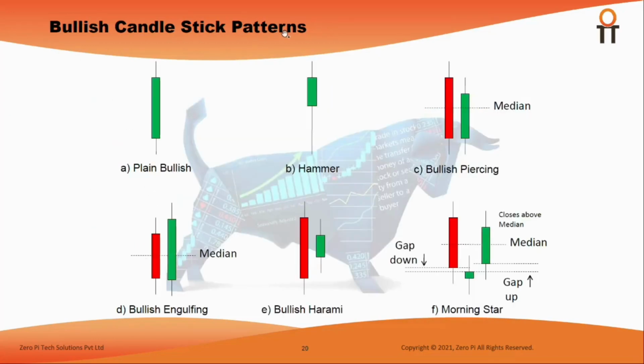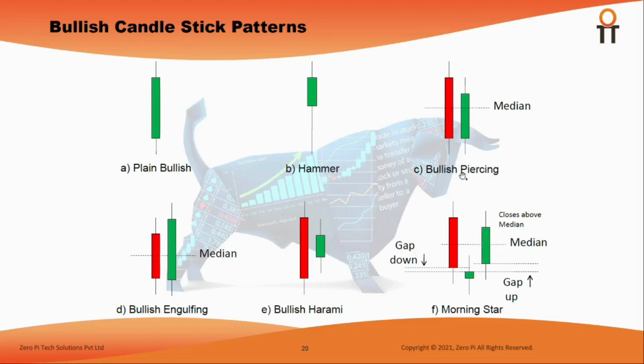Coming to bullish candlestick patterns, plain bullish. So this is an example of a plain bullish candle. This is an example of hammer. So whenever you see such kind of patterns, you have to identify what it is. By seeing this, you know it is a plain bullish. By seeing this pattern, you have to understand that it is a hammer. It looks like a hammer with a head and a tail.